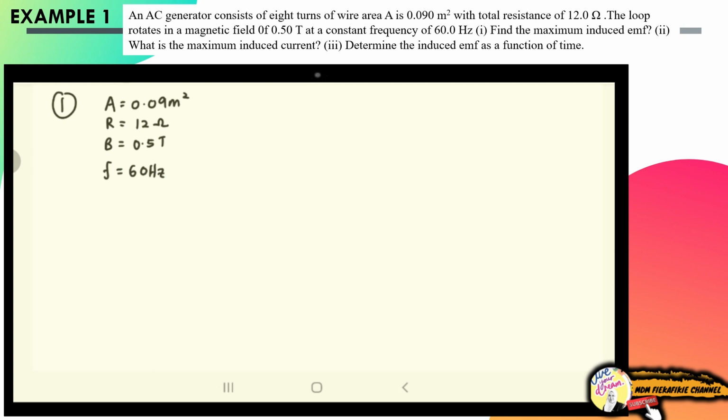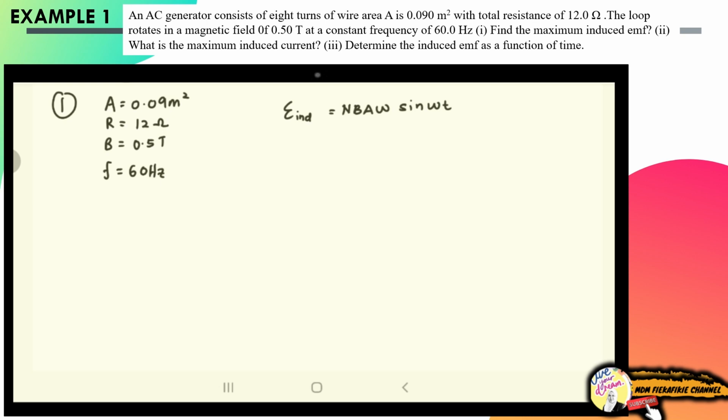Okay, so as we know, when the loop or the coil is rotating in a magnetic field, it will produce an induced EMF. The equation of the rotating coil when rotating in a magnetic field is: the induced EMF is equal to NBA omega sine omega t.